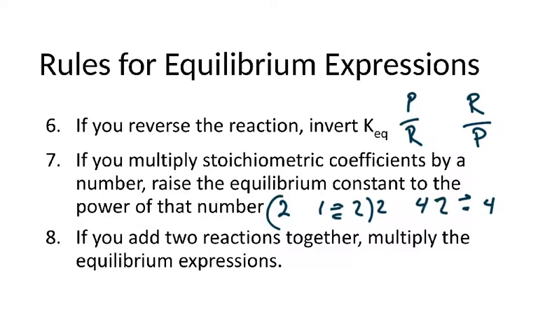To change your KEQ, you can just take KEQ to the second power, and that will double all those individual coefficients in your equation. And then if you add two reactions together, you multiply the equilibrium expressions. So with delta H, we added them together. With KEQ, we're going to multiply them.